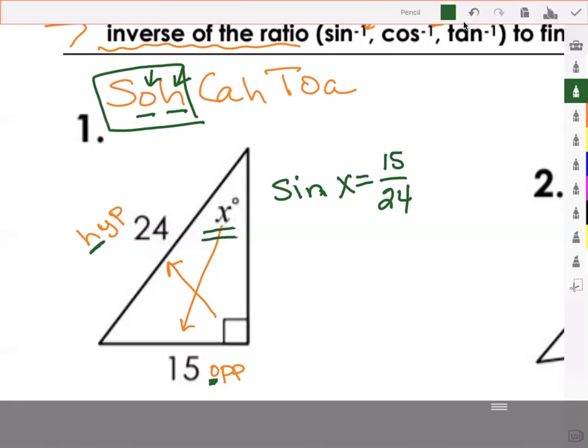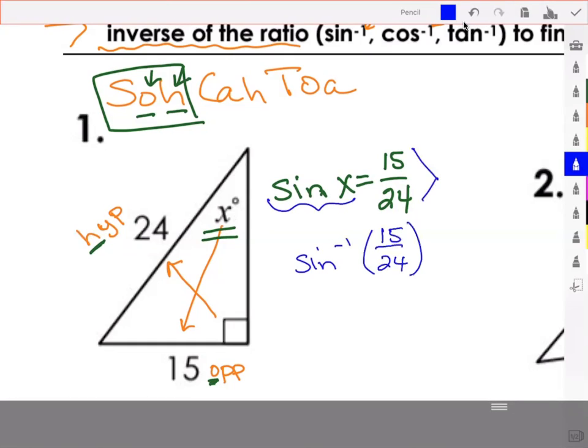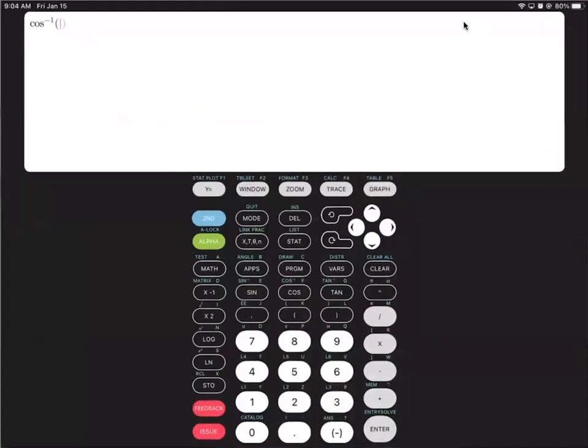Okay, so now I'm ready to type it in the calculator. For sine of X, I'm going to use the inverse of sine. And then I keep this ratio, 15 over 24. So type that in your calculator. So inverse of sine, 15 over 24.